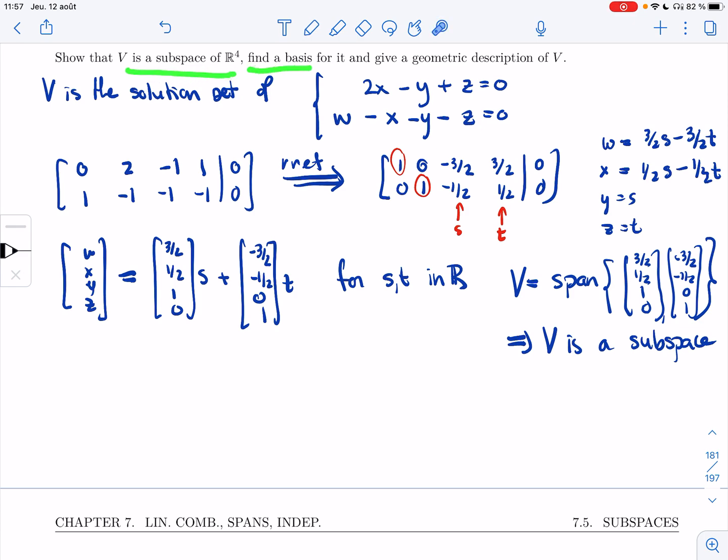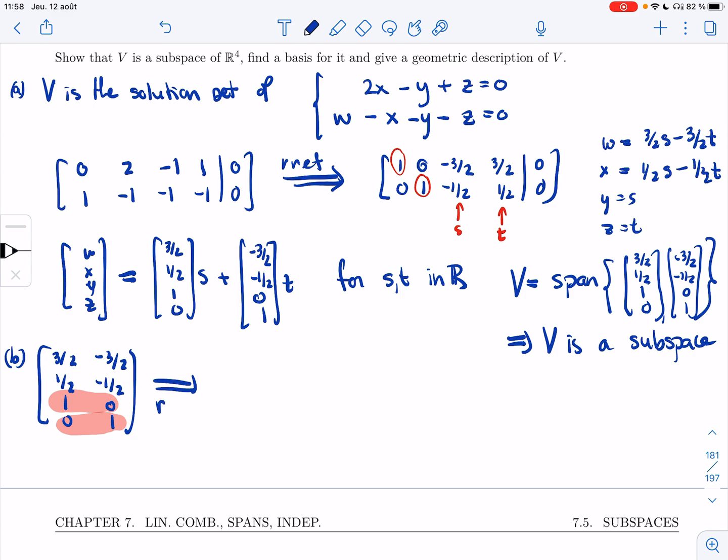I need to find a basis for it. Well, I have my candidates here. So let's call that part A, and then part B, basis. I'm going to start with this, and I'm going to reduce it. Something's really nice about these vectors. These two rows are so clean that it's going to be super easy to reduce it. I don't even need to use a computer algebra system.